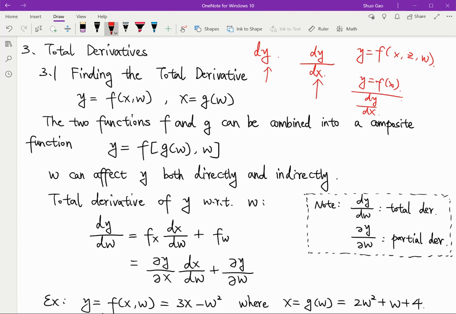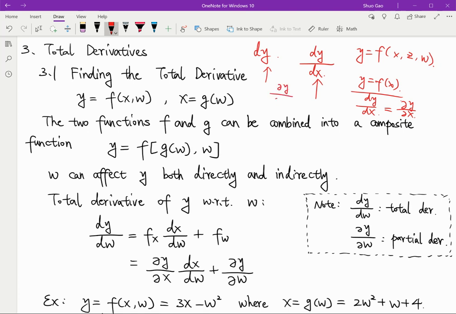So dy over dx is the same as partial y over partial x. But if y is a function of three variables, x, z, and w, the two things are different. The partial y over partial x is not equal to dy over dx, right?